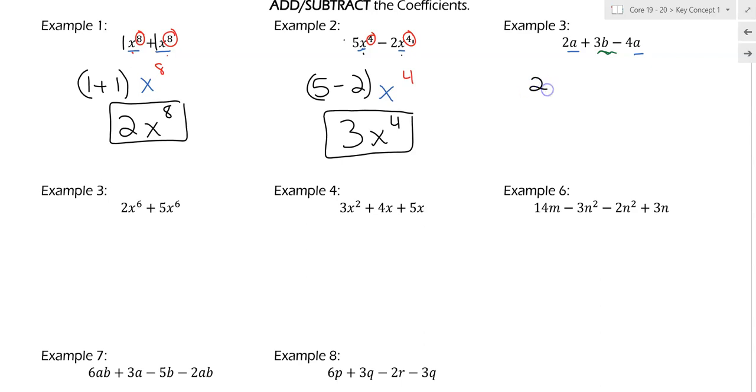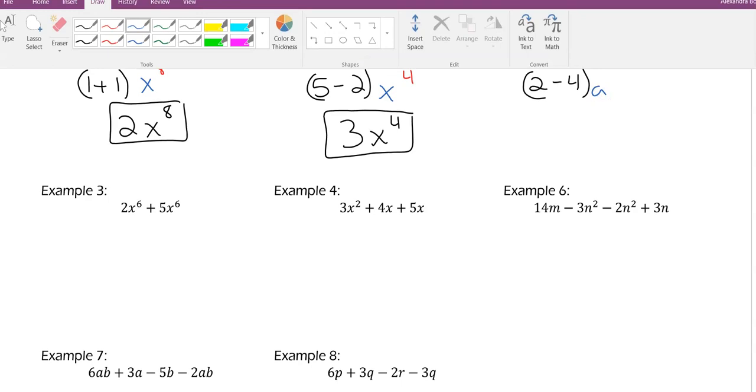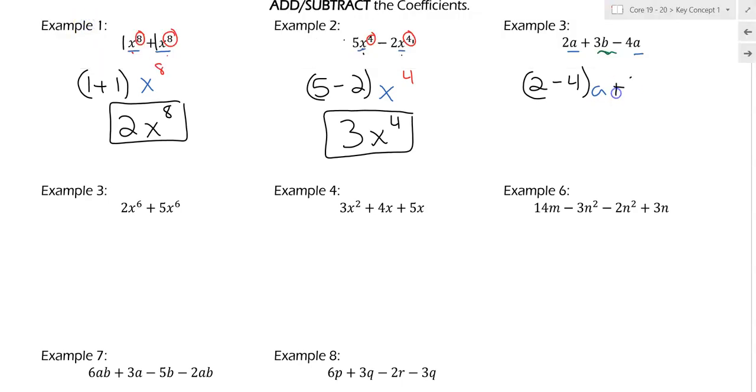So I'm going to take that 2 and that 4 from the a, plus 3 of the b. The b only has the one term. I'm not really combining it with anything. Now, 2 minus 4 is negative 2a plus 3b. Always feel free to use a calculator to do any work that you need to.